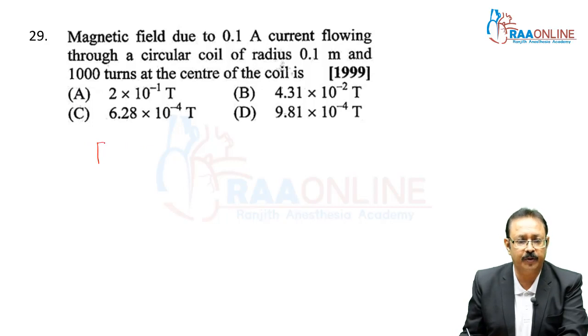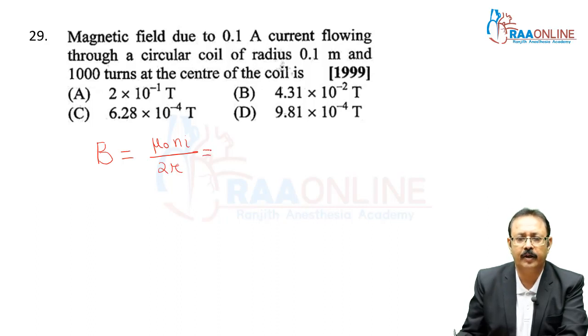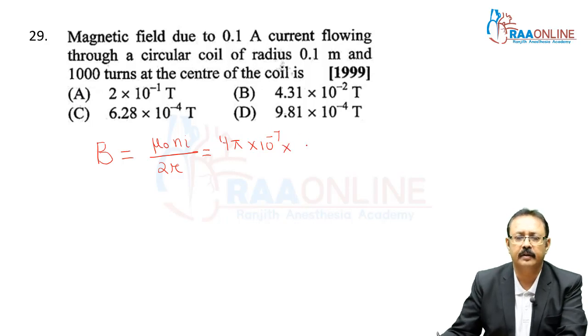Only you should know the formula of magnetic field. What is the formula for circular coil at center? Mu naught Ni by 2R. What is mu naught? 4 pi into 10 to the power minus 7. Number of turns 1000.